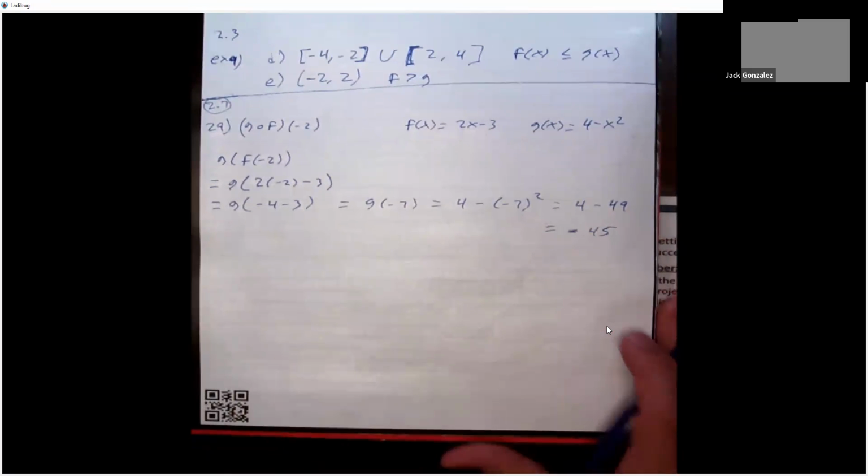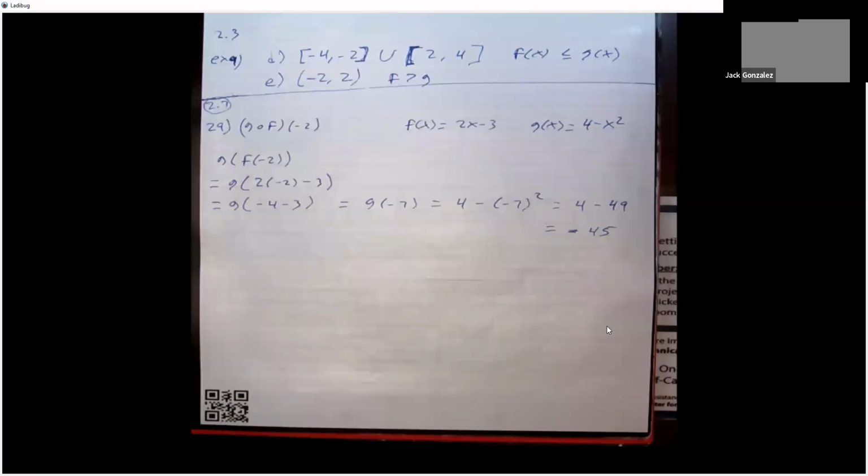Any questions on 29? Does that make sense, or what you got? You guys cool on this problem? Any other questions you'd like to do?